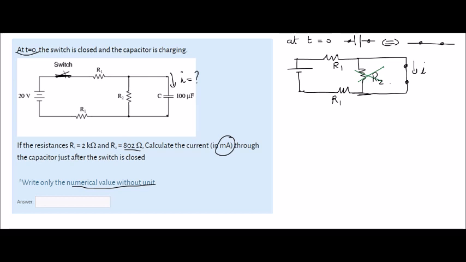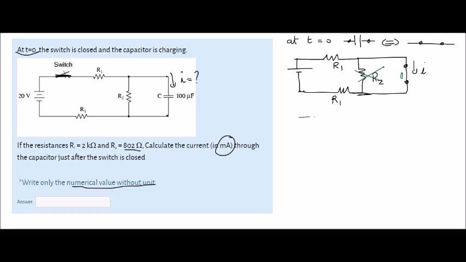The second approach: you have which resistance here? Zero resistance. And you have R2. So these two resistances are in parallel. Calculate the equivalent resistance and you will find that it equals zero.